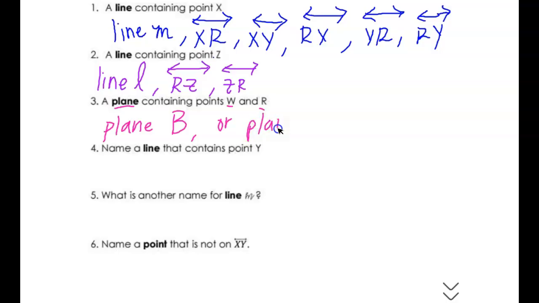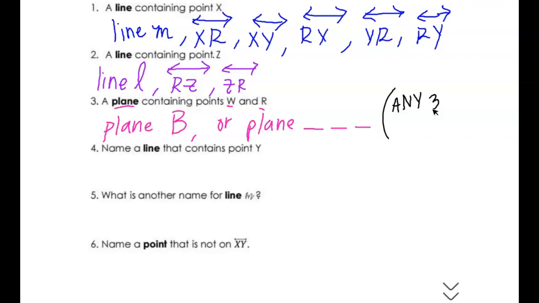Plane, and then blank, blank, blank. Did anybody use 3 points to name it? How many points can we use? 3. And they have to be what? Any 3, what kind of points? On the same line or not on the same line? Look at your notes.